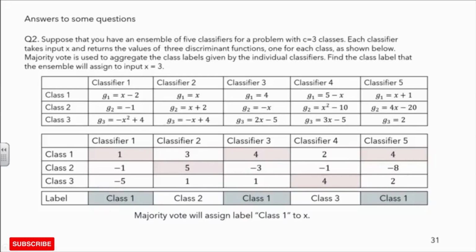Is the classifier 1 and class 1 this minus 13, minus 5 instead of 13? I don't see a 13. If you do minus x square, it becomes 9, not minus 4. Which classifier? Minus x square plus 4. Classifier 1, class 3. Yeah. If I do the math, it's 9 plus 4.